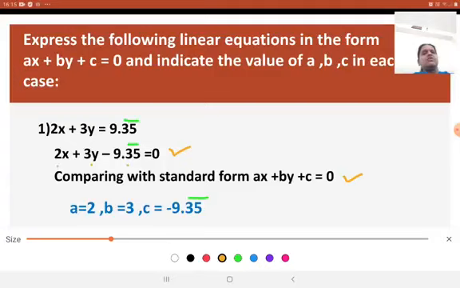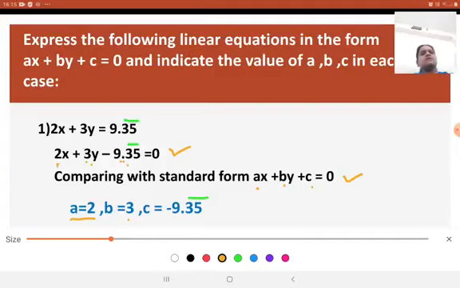What is the a value? A is the coefficient of x. So a will be 2. What is the b value? B is the coefficient of y. So here the b value is 3 and c is a constant term. So here we will write it as minus 9.35 bar.